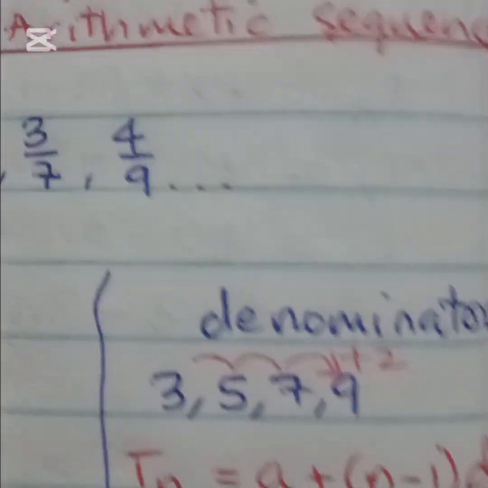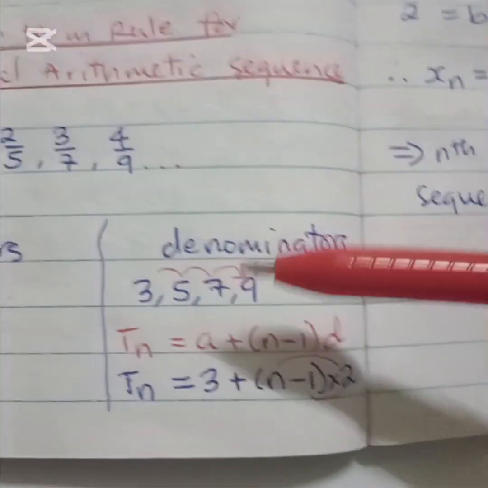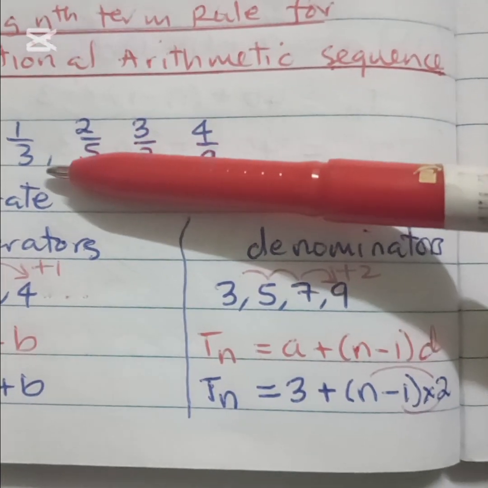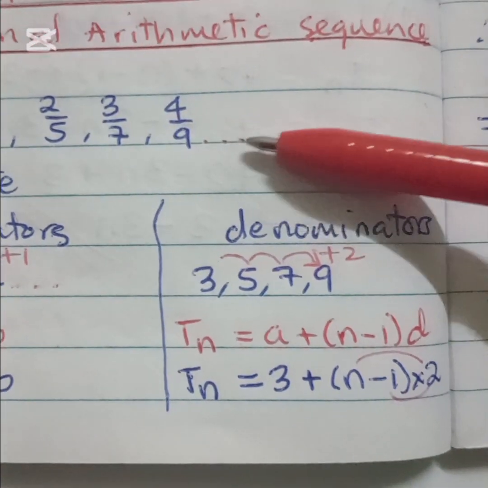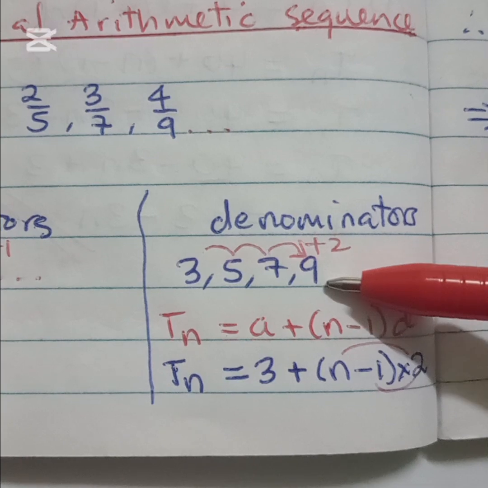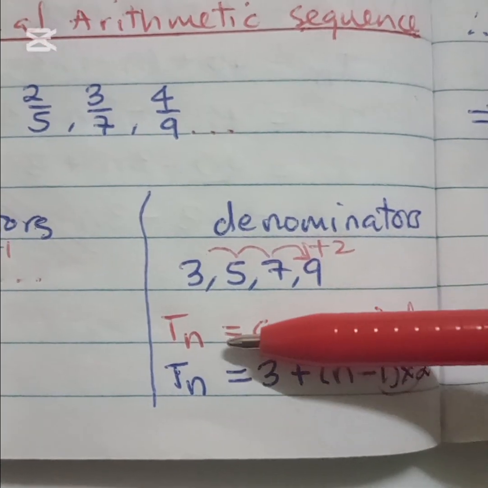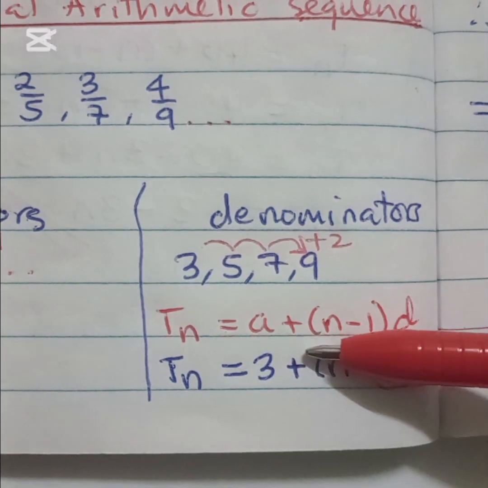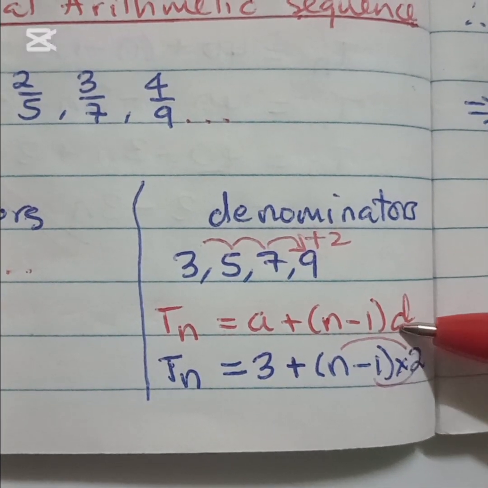Now we do the same for the denominator. Our denominator included 3, 5, 7, and 9. Take note, I am using the other method. Tn is a plus n minus 1 times d.